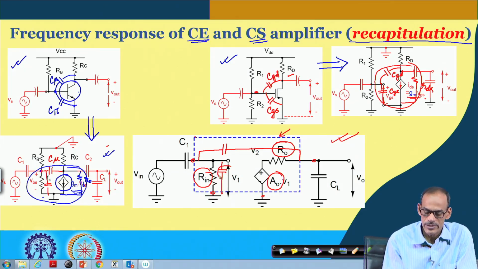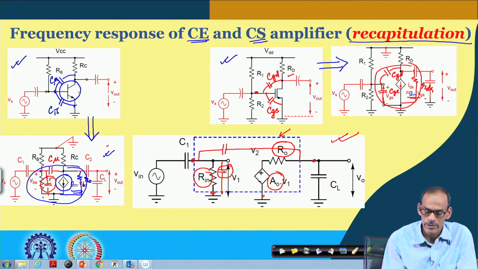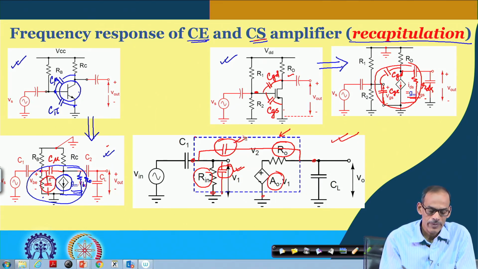The input port capacitance for the CE amplifier represents primarily the C pi part, and for the common source amplifier it represents the CGS part. On the other hand, the input to output port bridging capacitance represents C mu for the common emitter amplifier and CGD for the common source amplifier.